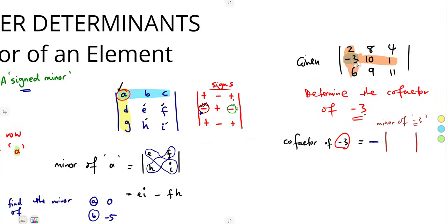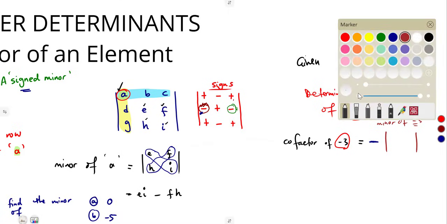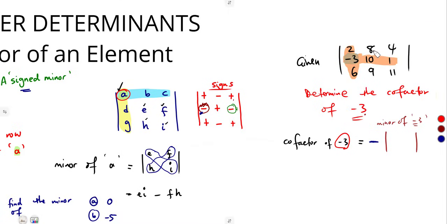You close the row and the column, then determine the determinant of what is remaining. And what are we remaining with? 8, 4, 9, 11 in that order. So this here is our minor. But there is a what? A sign. So that's why we are saying it's a signed minor. So it's sign times minor. You have the cofactor, just like that.